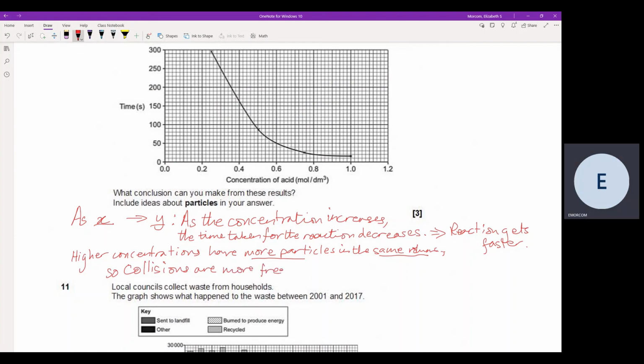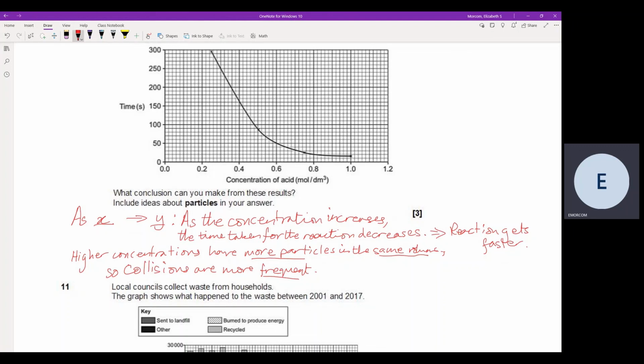And we've got to say something about time. Collisions are more frequent, collisions happen more often, there are more collisions per second. Anything that says that in a certain time you will have more collisions, because we have no idea how many collisions are going to occur in total.